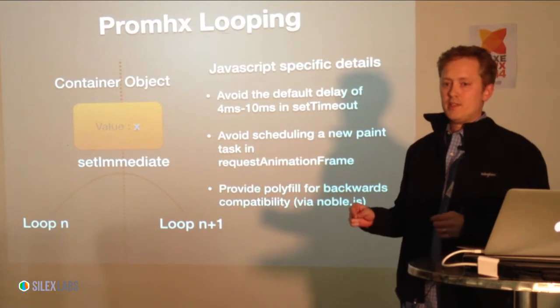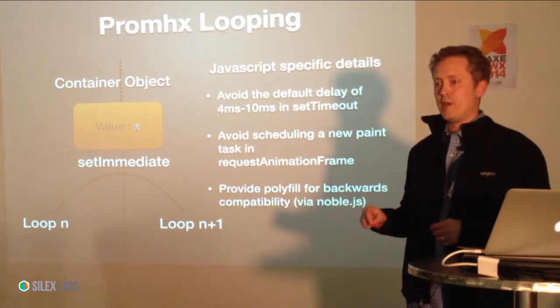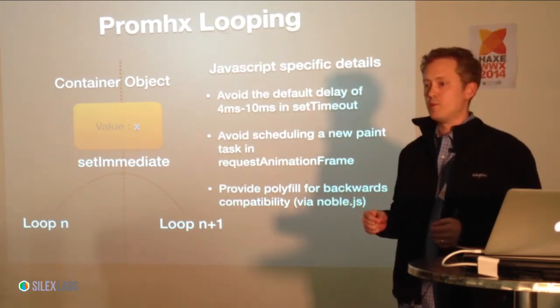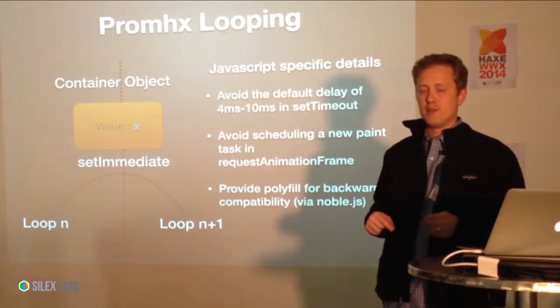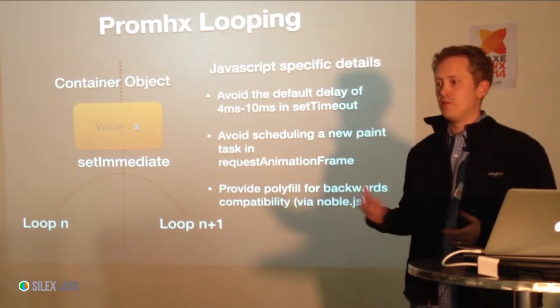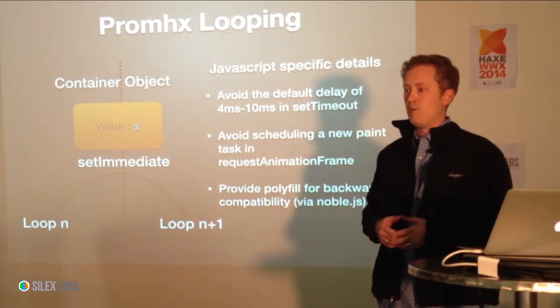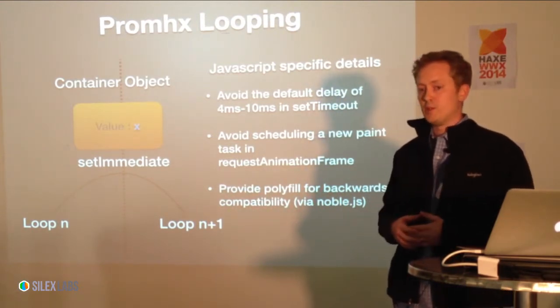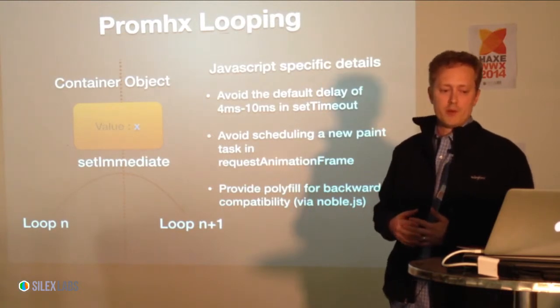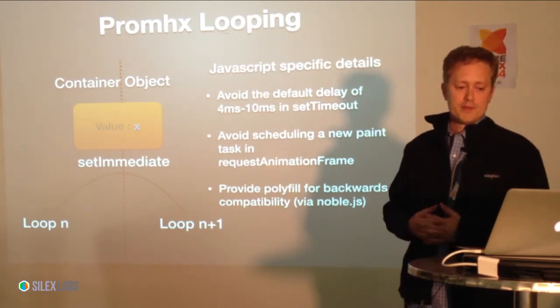There's other ways you can put things into subsequent frames in JavaScript. requestAnimationFrame is one of those. But a lot of these methods have drawbacks. requestAnimationFrame actually will also request a repaint, which you don't necessarily always want. So that wasn't a good idea.